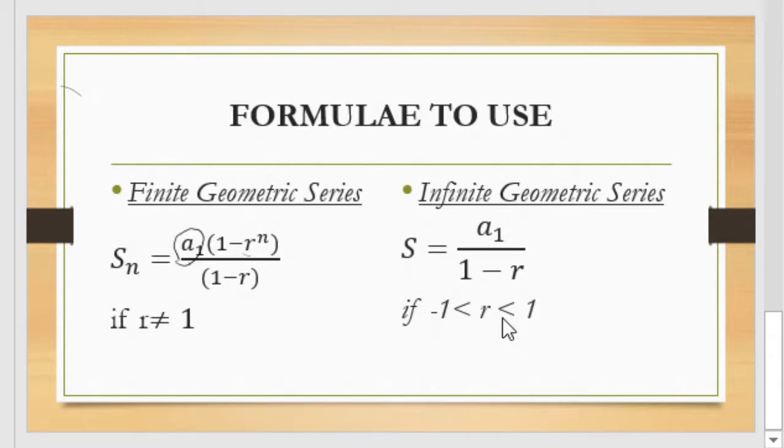Kung imong common ratio kay mo equal na to 1 or more than 1, or it could be lesser than negative 1, like negative 2, negative 3, or negative 1 gud siya, then dili na ka makakuha og sum sa infinite geometric sequence, no?